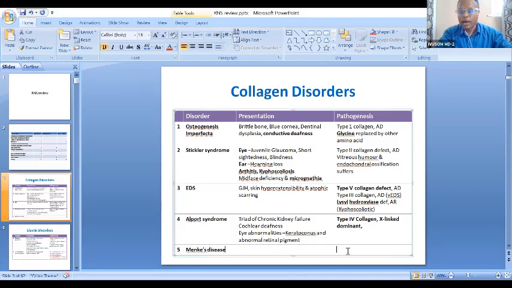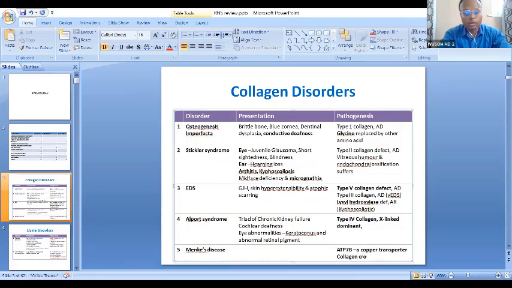Okay, it is because of what? ATP7B, a copper transporter. And what is the role of copper in collagen synthesis? Collagen cross-link.